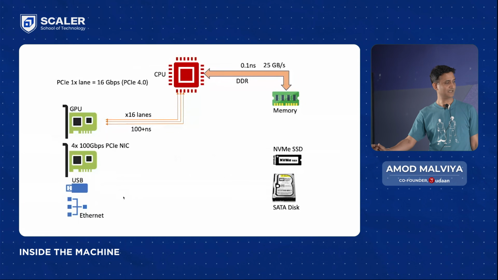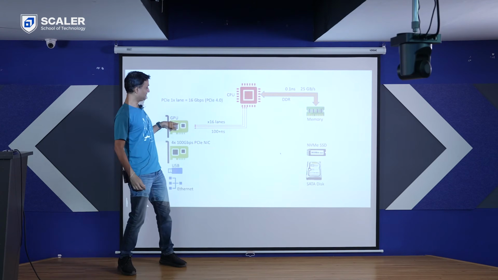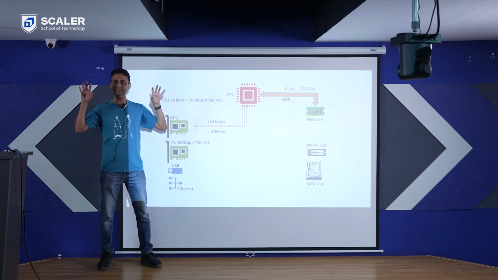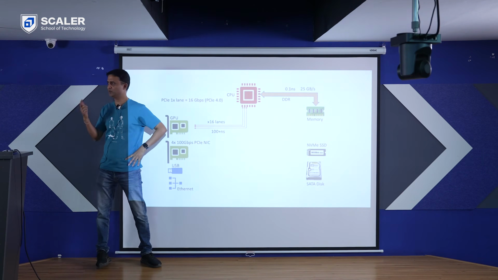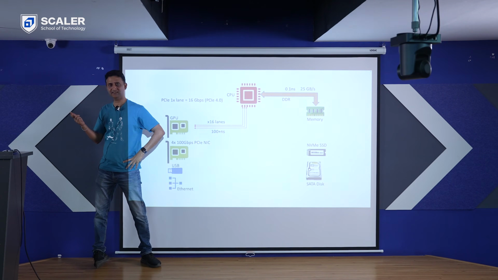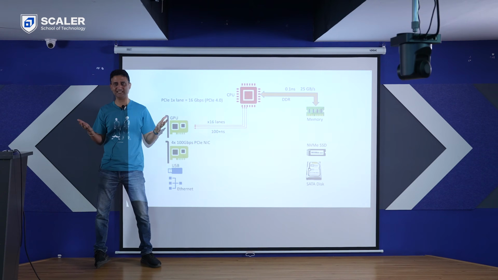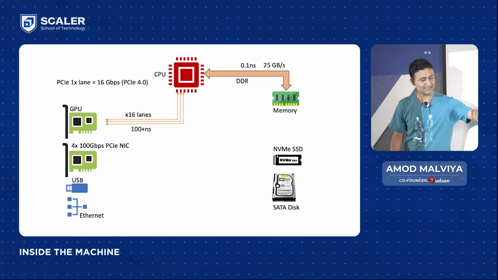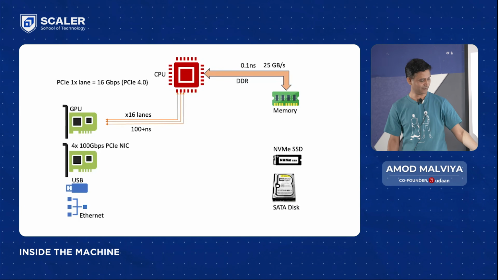Remember, for GPU to be able to speak to CPU, whatever this PCI Express thingy is, CPU needs to be able to understand it, isn't it? Otherwise it cannot speak PCI Express, right? We've got a bunch of other different kinds of equipment. We've got USB, we've got Ethernet, NVMe, SATA.